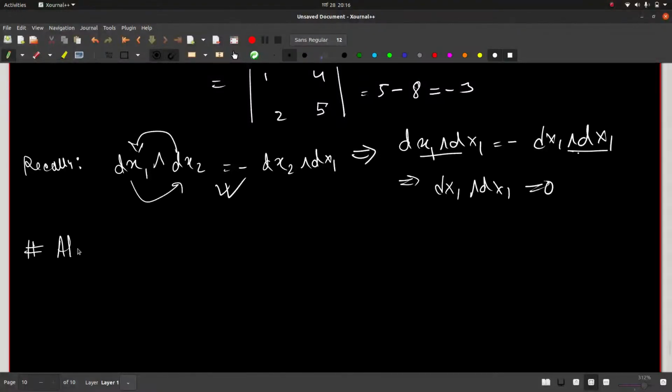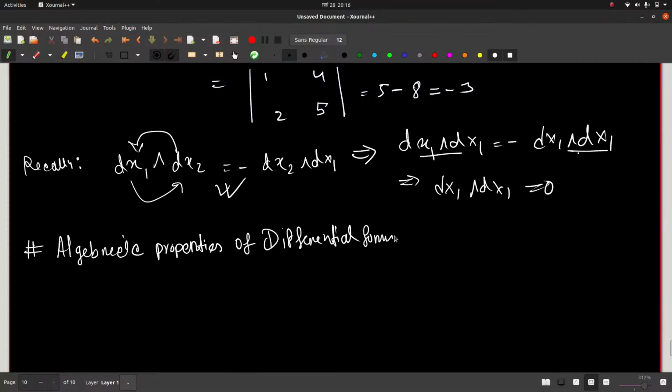So, algebraic properties of differential forms, and this will hold for any differential form, that means 1 form, 2 forms, L forms, whatever.